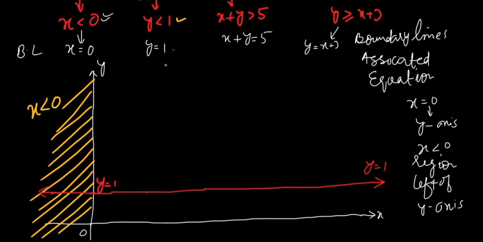But we need to find the graph of y less than 1. Y less than 1 means the region below this line. When we have a less than sign, the graph will be below this line. So this shaded region shows the graph of y less than 1.